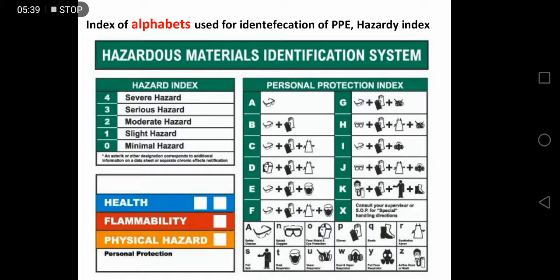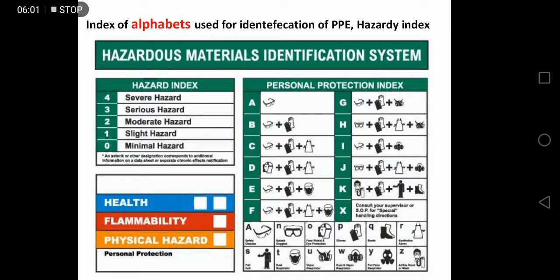As we have discussed, blue color is for health, red for flammability, orange for physical hazard, and white for personal protection. Similarly, 0 is for minimum hazard, 1 for slight hazard, 2 for moderate, 3 for serious, and 4 for severe hazard.